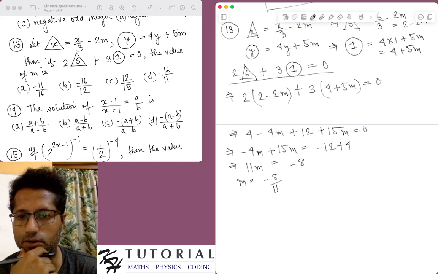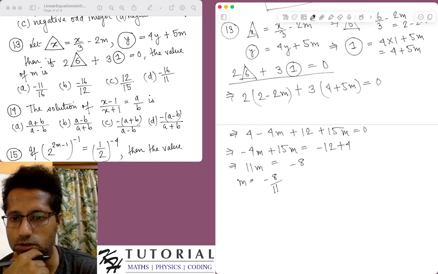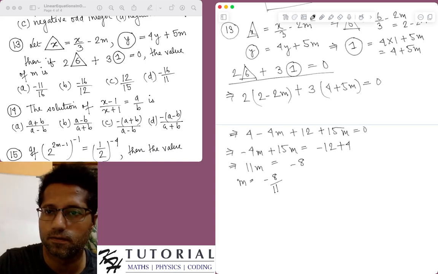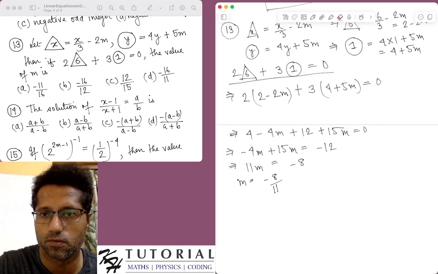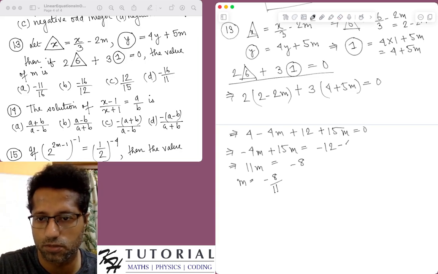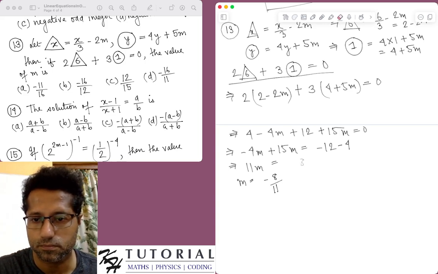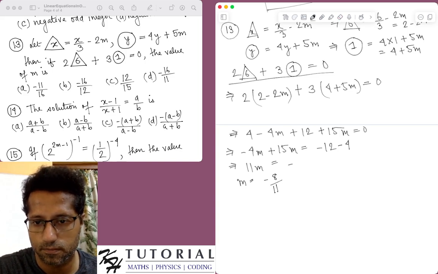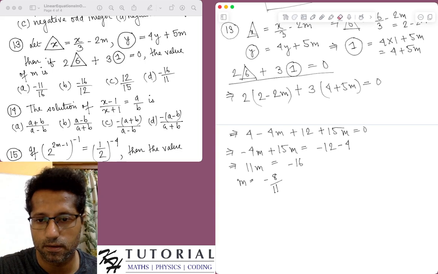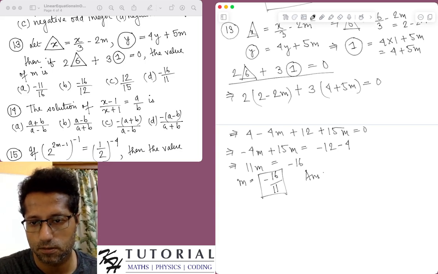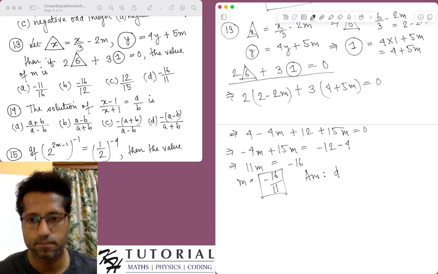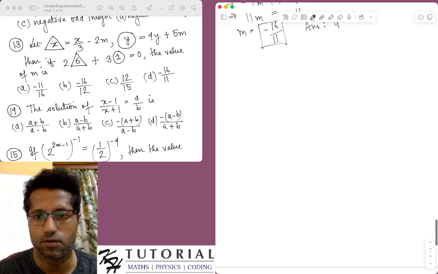If I keep the m terms on the left hand side and the constant terms on the right hand side, I get minus 4m plus 15m equals minus 4 minus 12, because we are transposing positive 4 from the LHS to the RHS, so it becomes negative. So this is minus 16, and we get m as minus 16 by 11. So the answer is choice D.